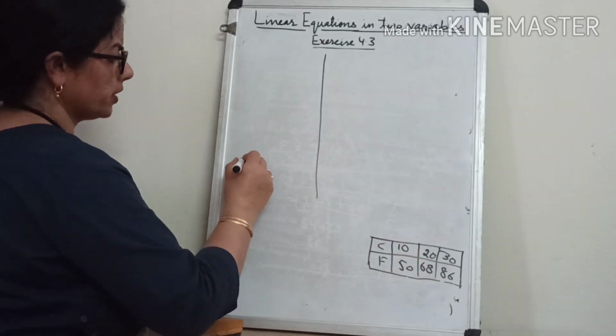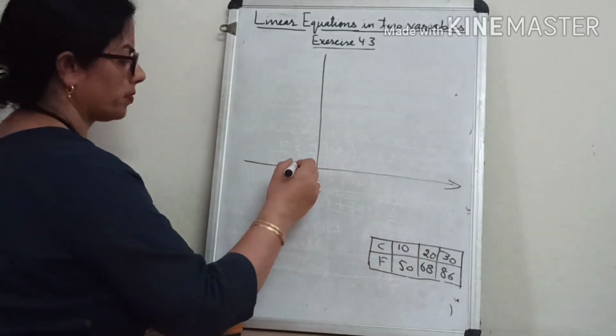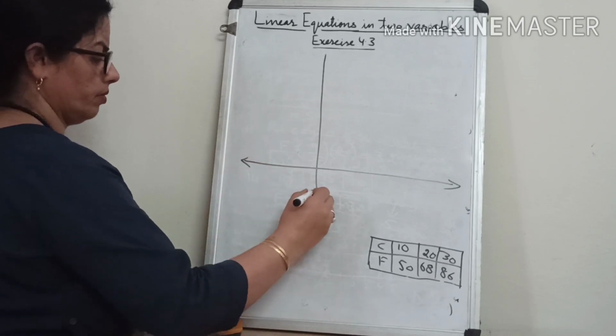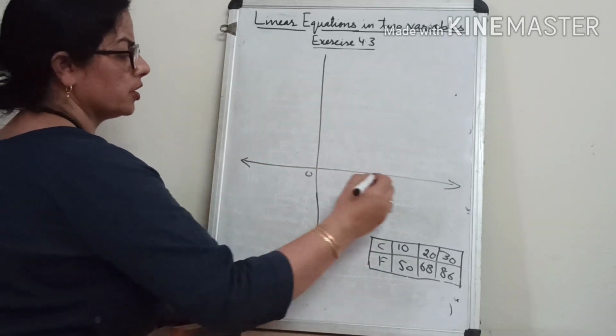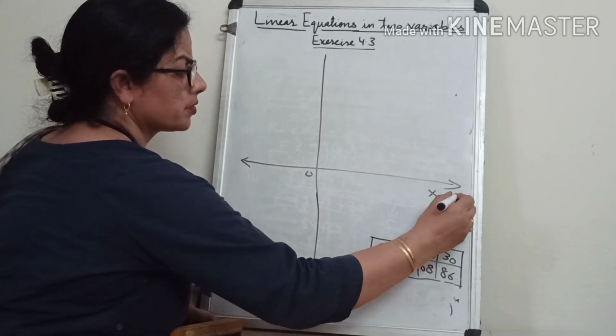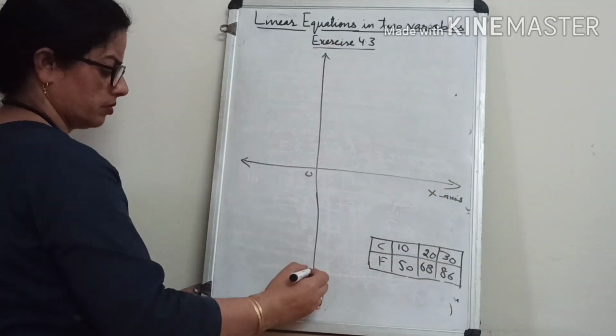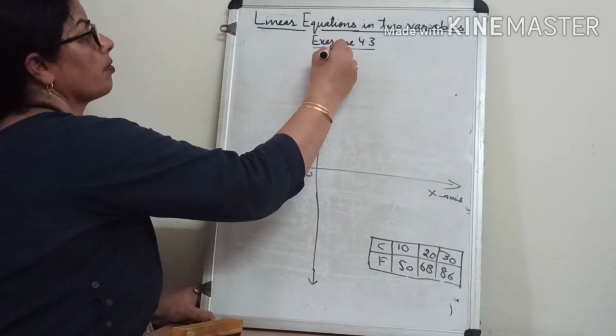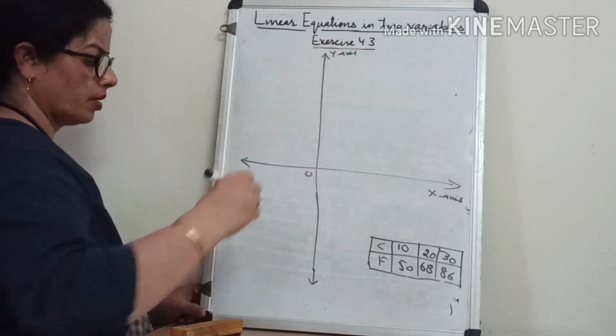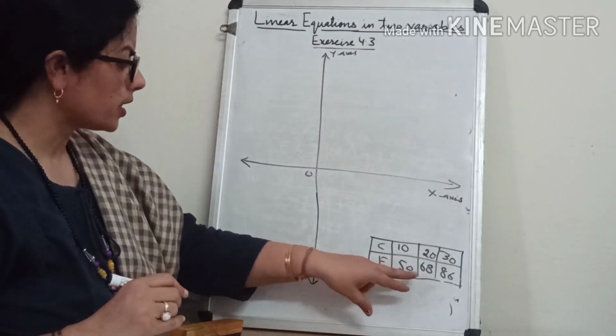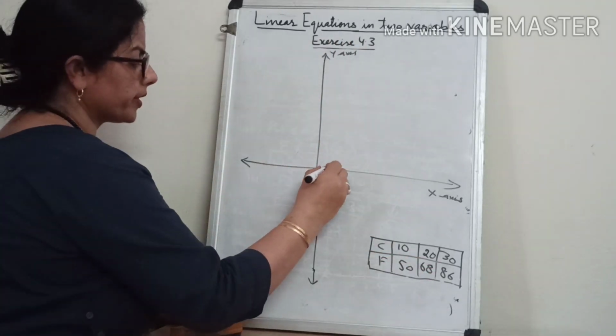C and F are both positive here. Let us take this 0, x-axis, y-axis. 10, 20, 30. So we will take a gap of 10, 10.